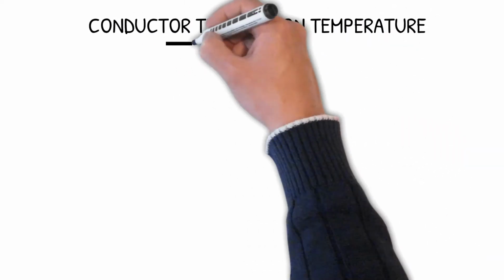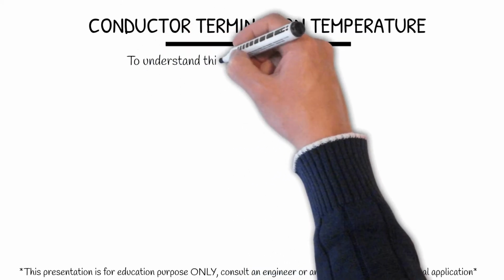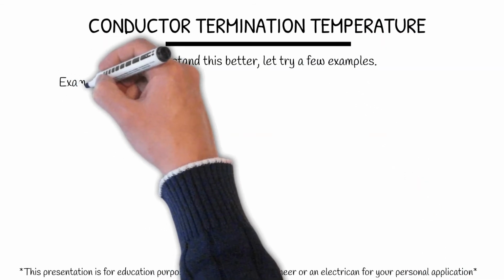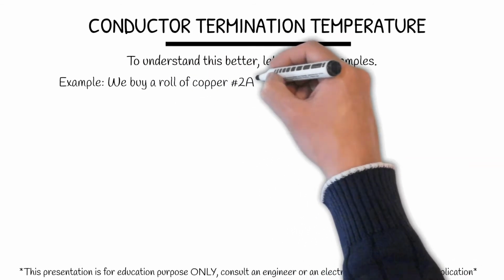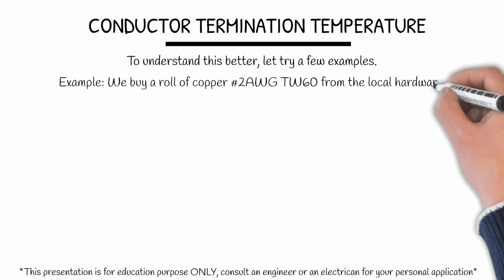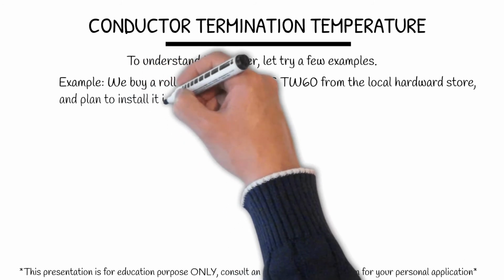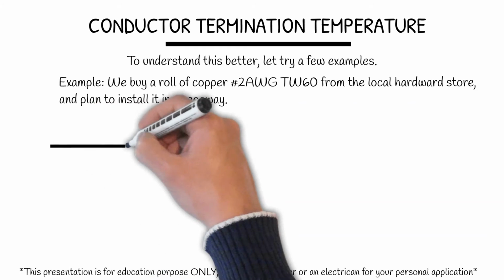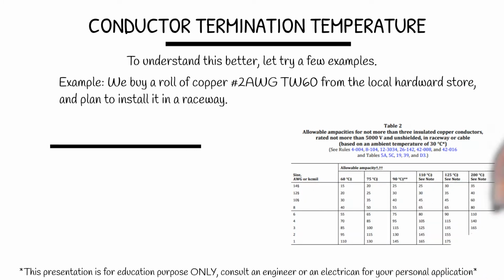Conductor termination temperature. To understand this better, let's try a few examples. We buy a roll of copper number 2 AWG TW60 from the local hardware store and plan to install this in a raceway. Let's recall table 2.